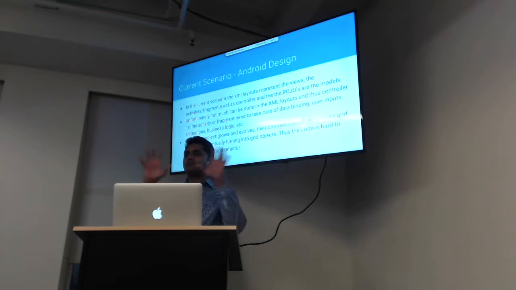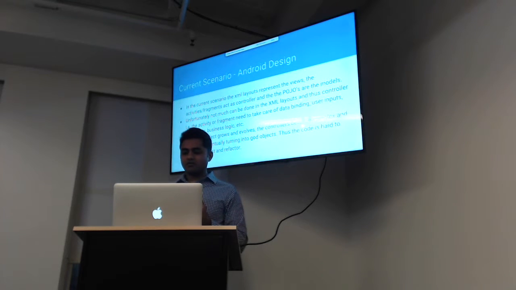So in the current scenario of Android design and writing apps, the XML layouts represent the views. The activities and fragments are the controllers, and the plain old Java objects are the models. The unfortunate fact about the views in our current scenario is that the XML layouts cannot handle data bindings.